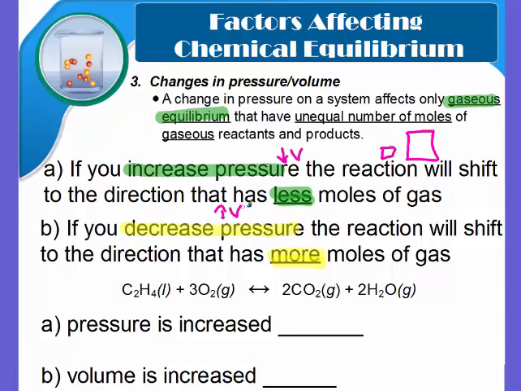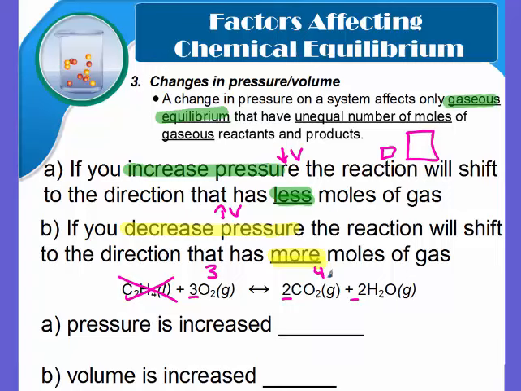So in A, it says pressure is increased. Anytime it's talking pressure or volume, the first thing you should eliminate are all solids, liquids, or aqueous. So pressure is increased. We have 3 moles of gas, and we have 4 moles of gas.